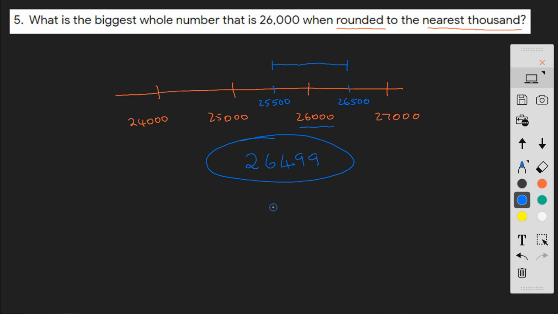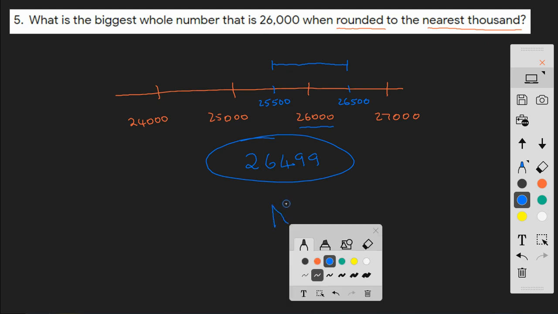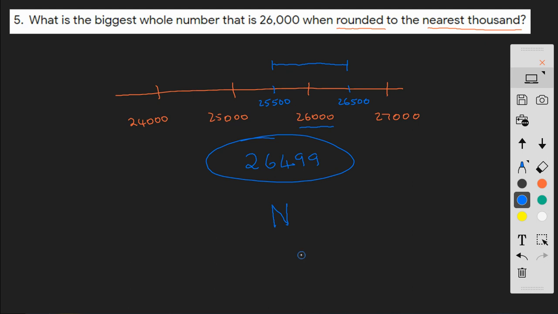26,499. Now, if we wanted to write this as a range or as an interval, I'm going to write my number here as n. So it's numbers that are less than 26,499 and numbers that are bigger than 25,500.